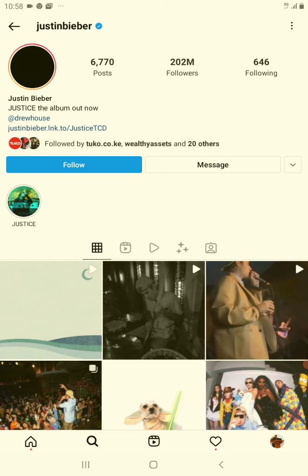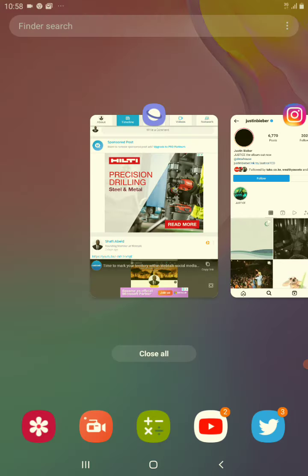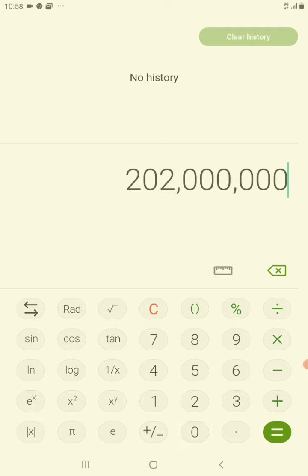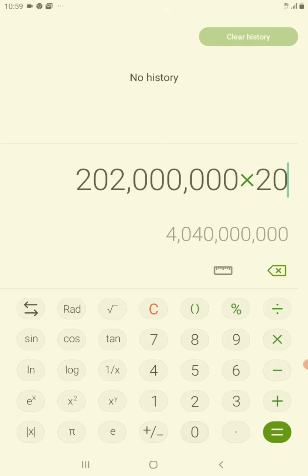So let me take a calculator to make the computation. So he has 202 million followers on Instagram. Let us assume that only 20% of them will visit his Webtalk pages on a certain date. So multiply by 20%.